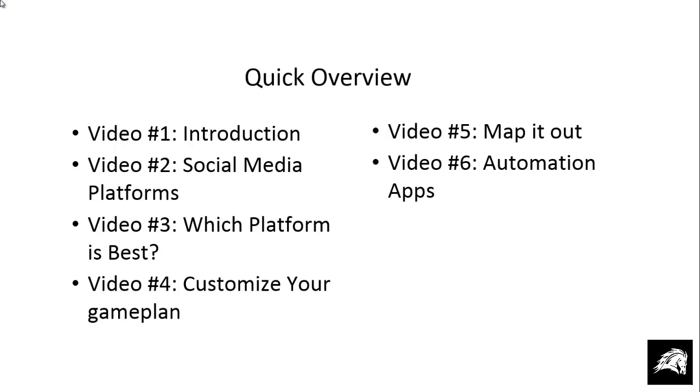Instead of manually having to go from Facebook, copy and paste, log into Instagram, copy and paste, go into WordPress, copy and paste, you set everything up once and everything else after that point will be automated. So we'll talk about that. We'll talk about free tools that are out there, and we'll talk about paid tools.